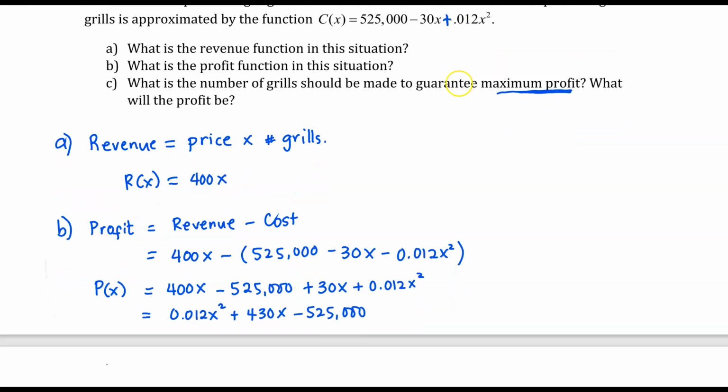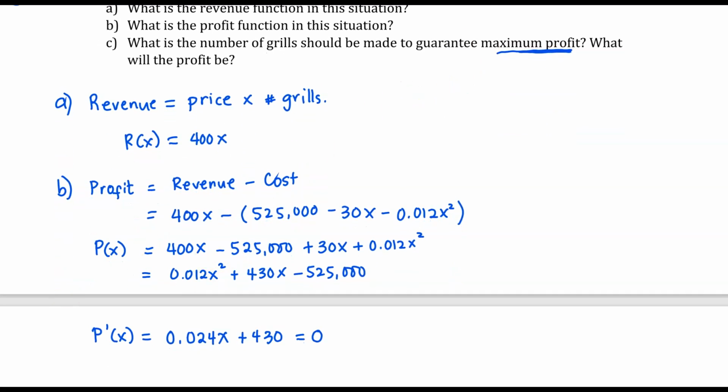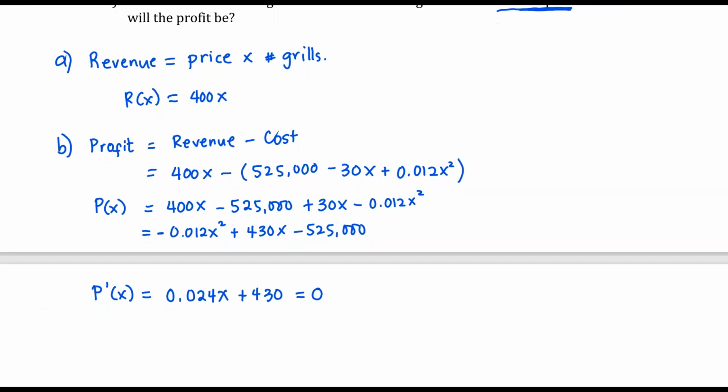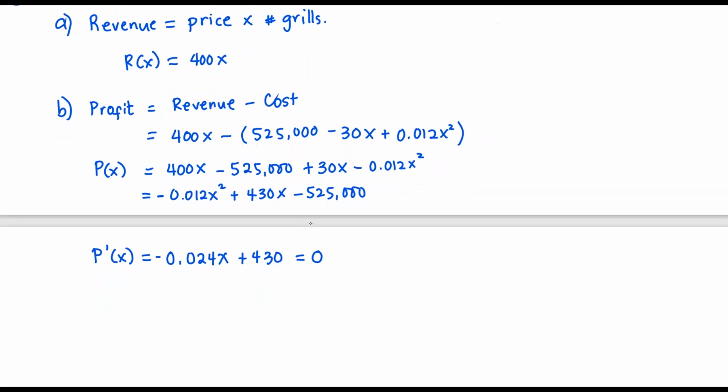And then with that, this becomes positive, and this will now be negative. So that this becomes negative, and then here for the derivative, that becomes negative.